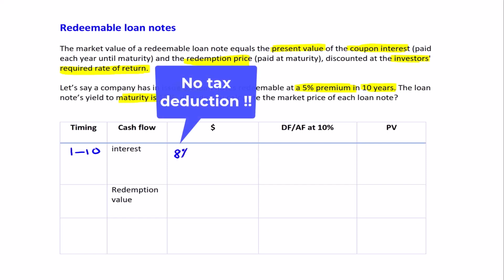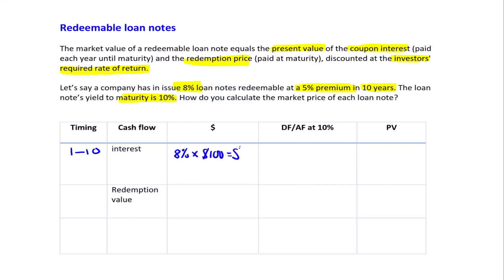So 8% times 100 means we'll be getting $8 interest per annum. The redemption value comes in at year 10. And I've already said that is 105 because it's 100 times by 1.05 because it's 5% premium, which is 105. We now need to discount those cash flows.